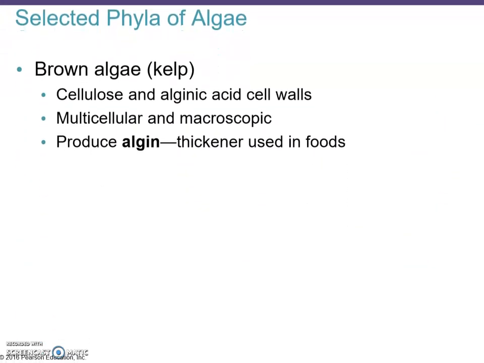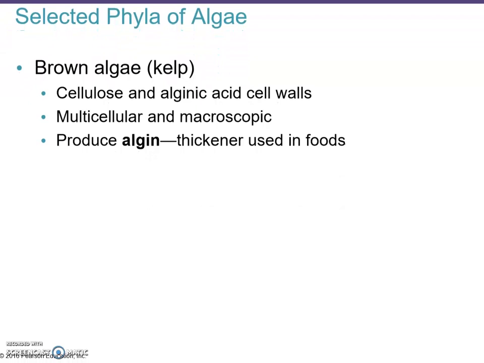Here are some important algae to know. Brown algae, also referred to as kelp a lot of times, contain cellulose, typical plant material that you find in plant cell walls. They also have alginic acid embedded in their cell walls, so that's interesting.